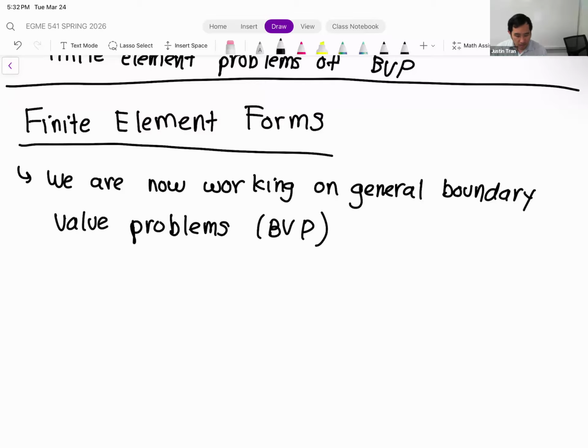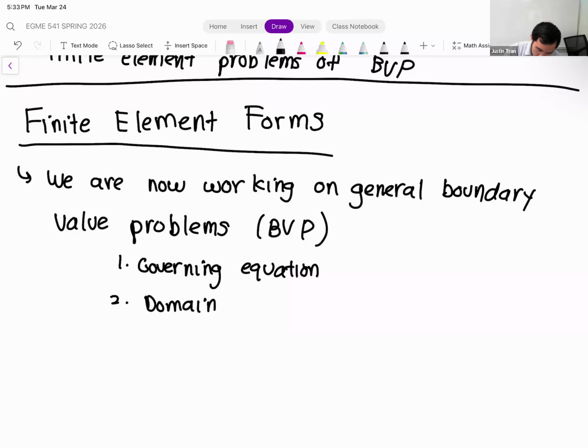Remember, boundary value problems have three components. One, we have our governing equation. Next, we have our geometry or our domain. And three, we have our boundary conditions.